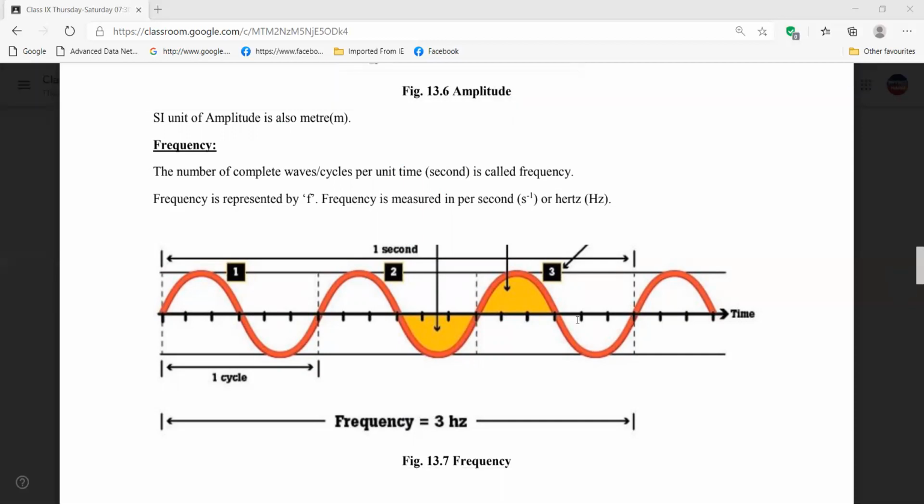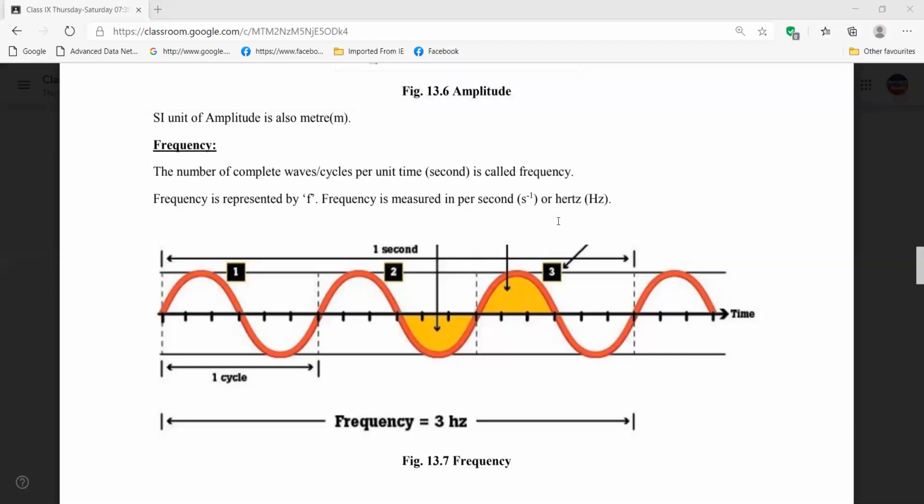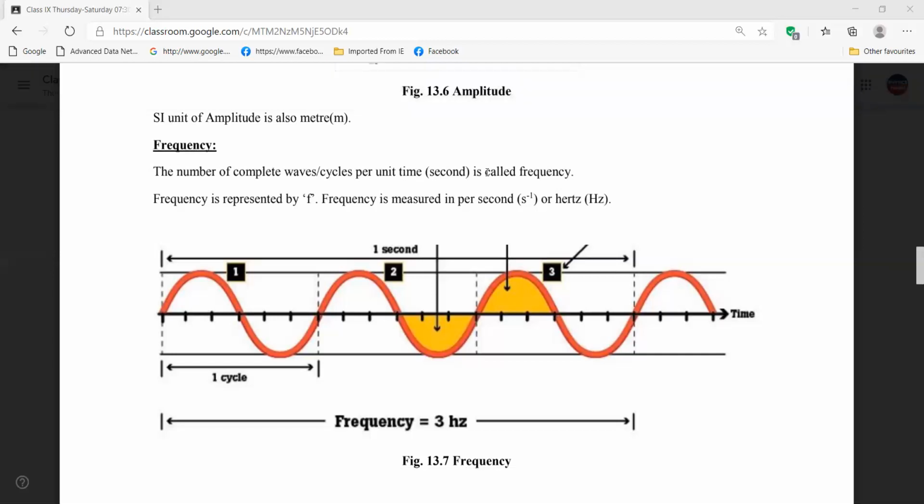For all these three complete cycles, we need 1 second. So the frequency of this wave is 3 hertz. How did we get this? From this definition: the number of complete waves or cycles per unit time or per second is called frequency.